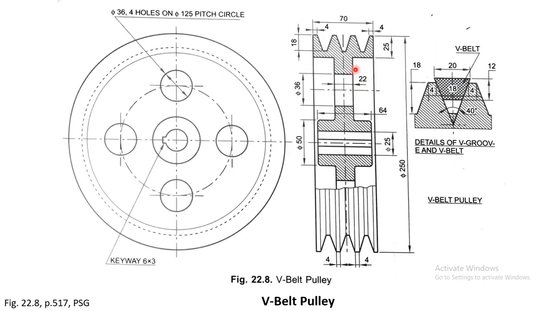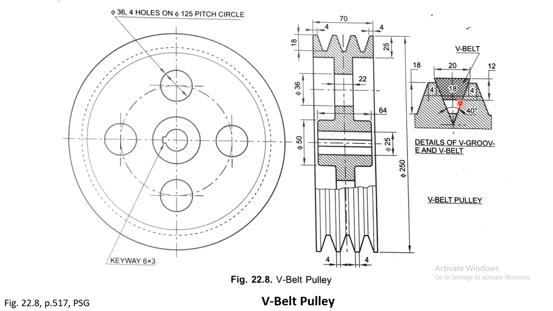And another way to make the belt fit with the pulley tightly is to use a V-belt. So this is an example of a V-belt, where the upper part has this width and this is the height or thickness of the belt.